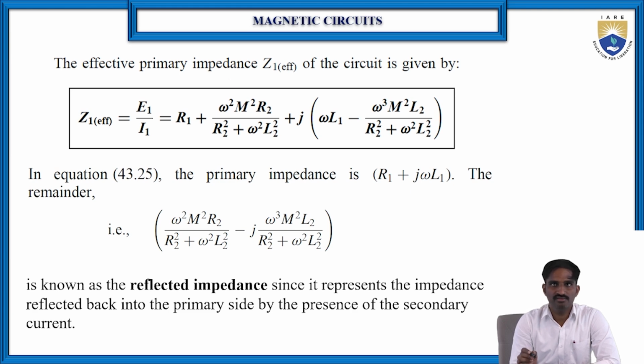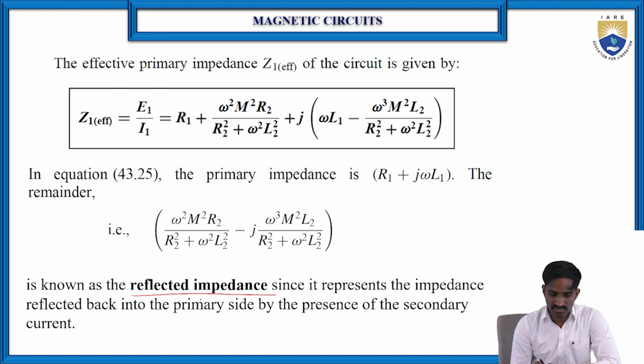This is in terms of R1 plus j omega L1, and the remaining part is known as the reflected impedance. It is called the reflected impedance since it represents the impedance reflected back into the primary side by the presence of the secondary current.